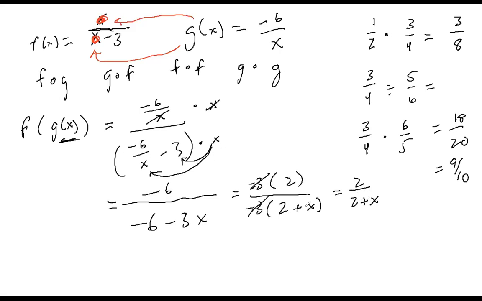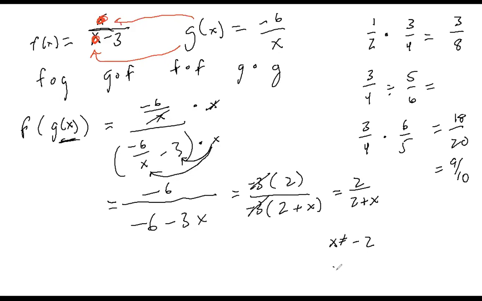Now, there's two things to think about in terms of the domain here. Number one, there's the composite function, which is saying that I have a denominator of 2 plus x, so x had better not be equal to negative 2. But also, this was my initial function, and my initial function was negative 6 divided by x.